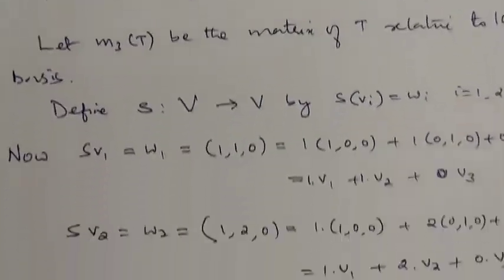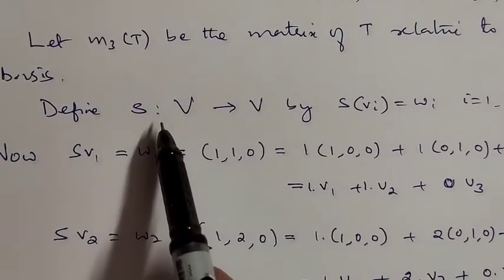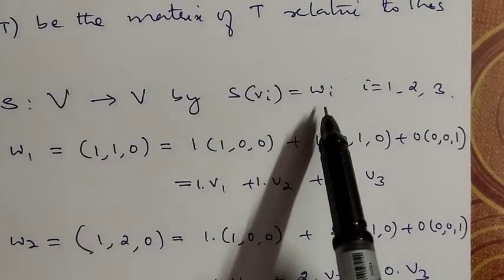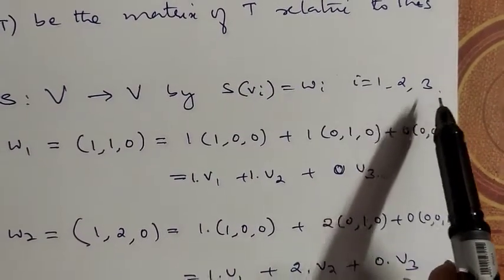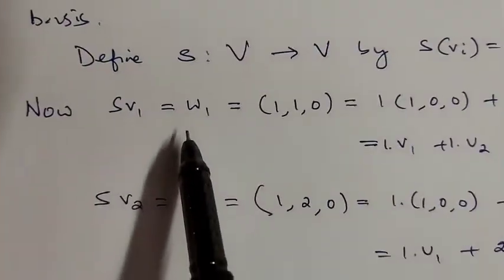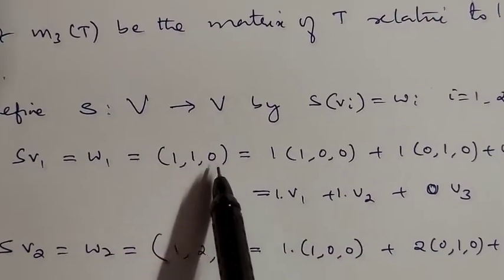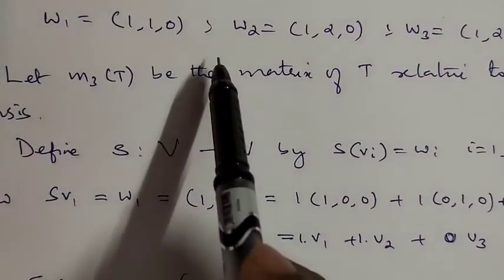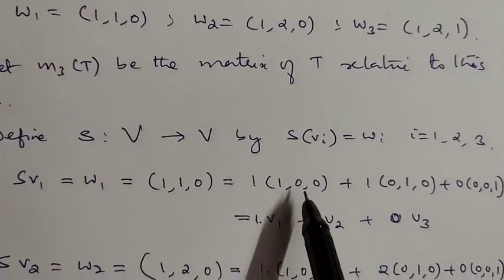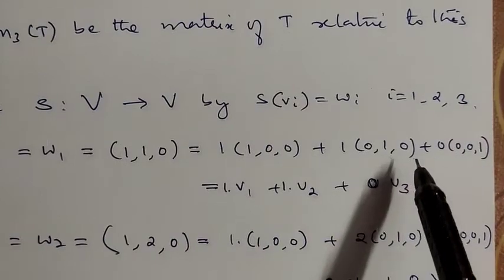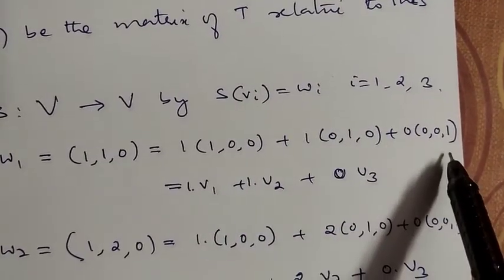Now, define the transformation S from V to V by S of Vi is equal to Wi, where i takes the value from 1 to 3. Therefore, S of V1 is W1, which is (1, 1, 0). (1, 1, 0) can be written as 1 into (1, 0, 0) plus 1 into (0, 1, 0) plus 0 into (0, 0, 1).